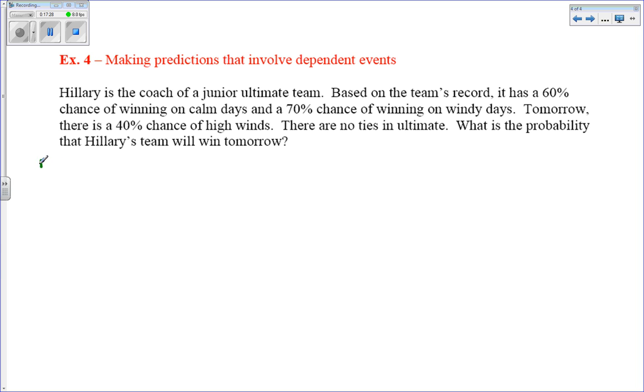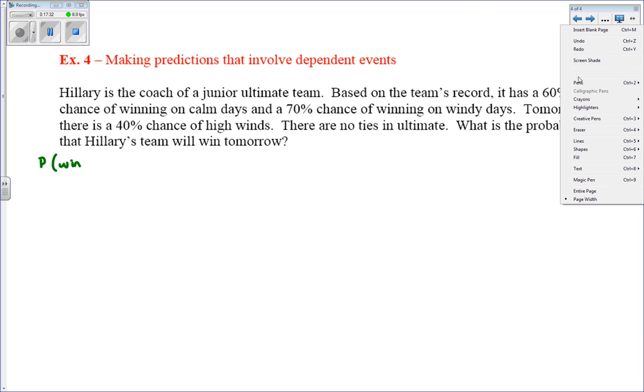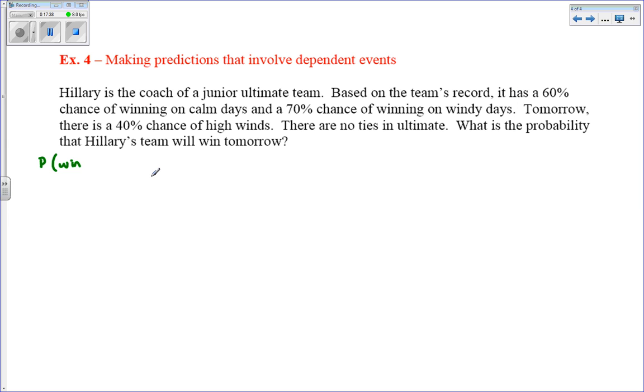So we're going to say the probability that it's windy tomorrow is equal to 0.4.